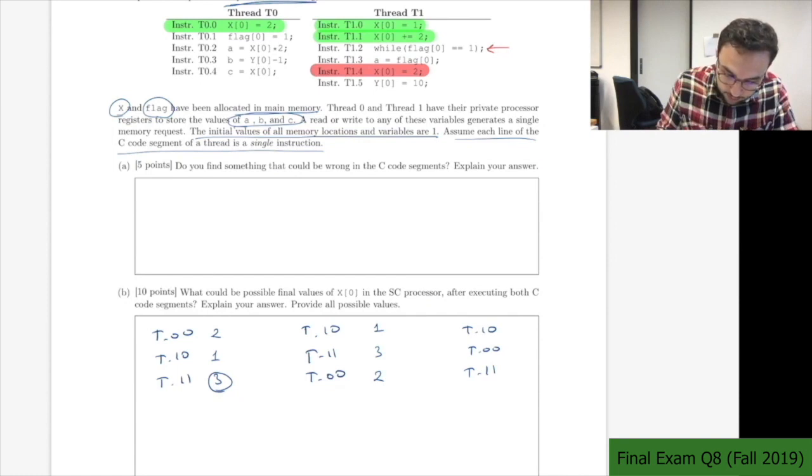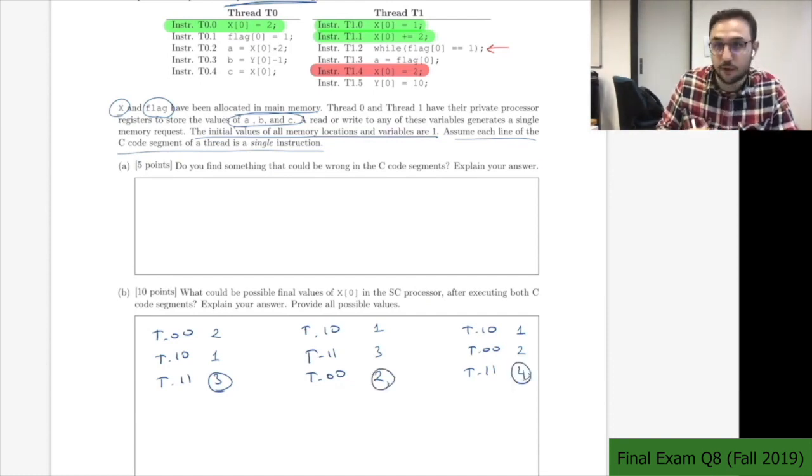And then let's look at this one. It starts with 1, and then it's assigned 2, and then it increases by 2, so it becomes 4. So these are all 3 possible values that x0 can get after executing these 2 threads.